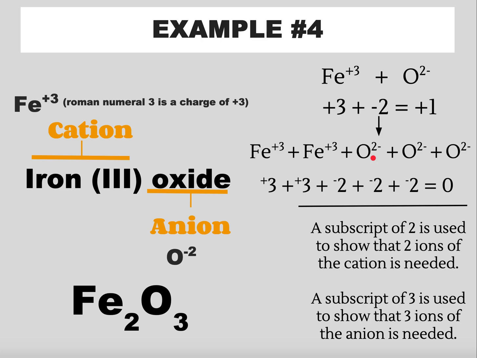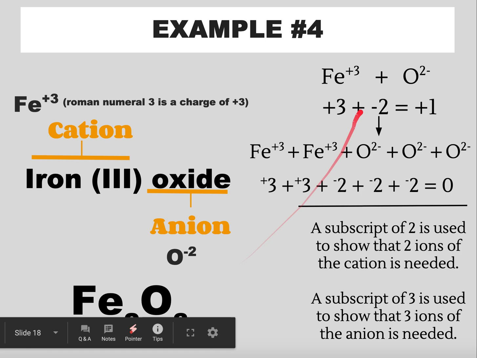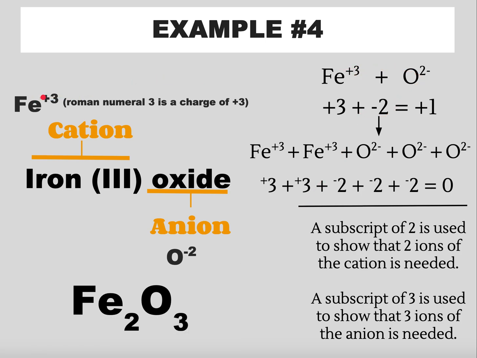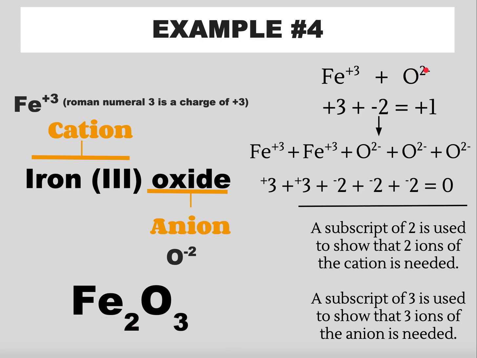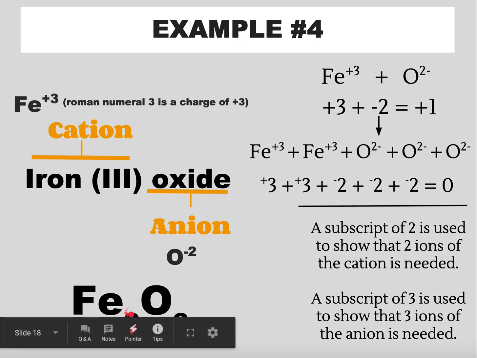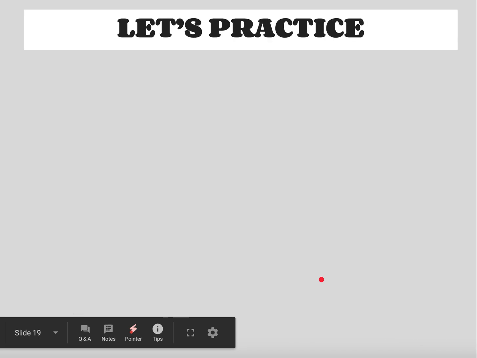If we look at this example with the crisscross method, you'll notice, where did this 3 go? This 3 right here. Oh, it went down to the oxygen. Where did this 2 of the oxygen go? Oh, it went down to the iron. I can't put my pointer here because that thing will pop up. Oh, there we go. So the crisscross method would, again, be another place you could do that.